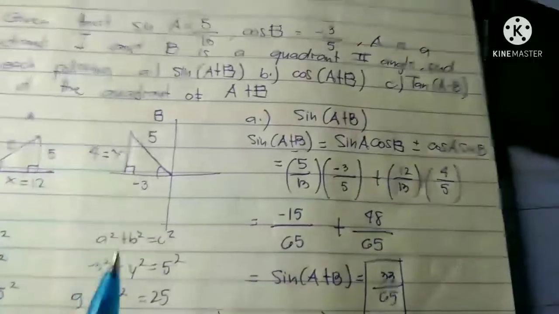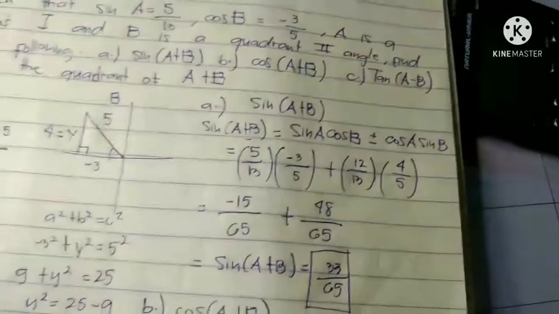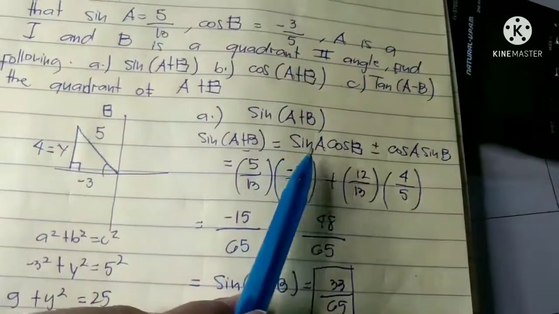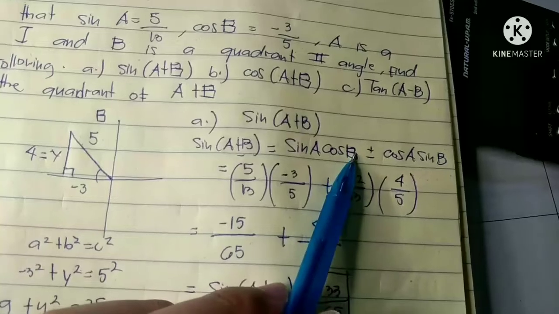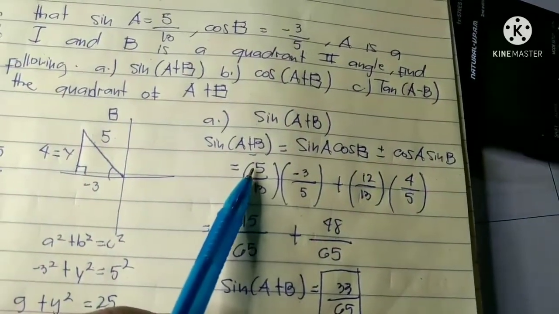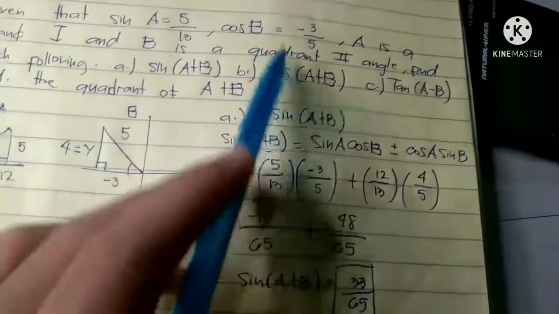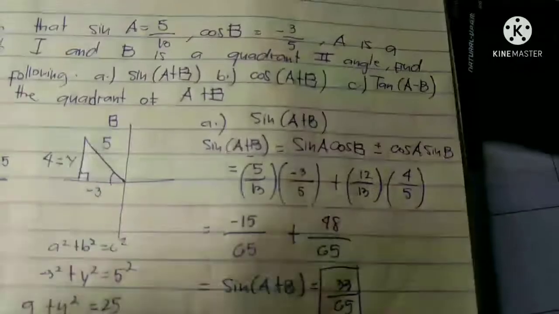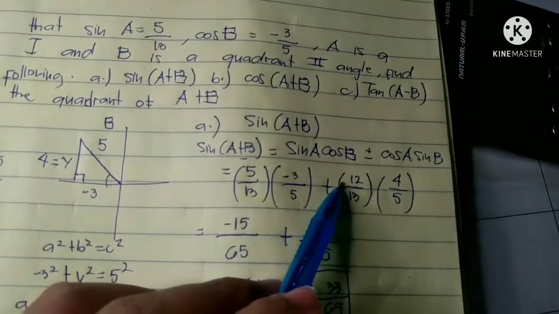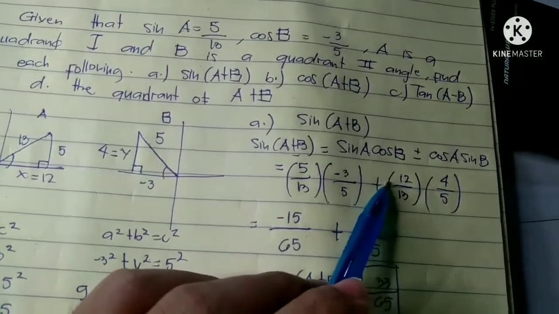Now we have 4. Now we can find the sine quantity a plus b. So sine a plus b is equal to sine a cosine b plus cosine a sine b. So our sine a is 5 over 13. Our cosine b is -3 over 5 plus our cosine a, which is adjacent over hypotenuse.